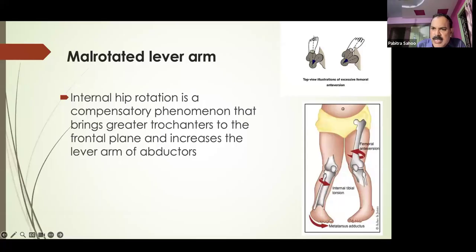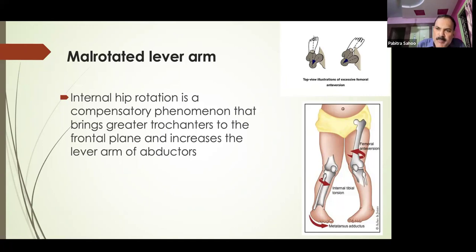To bring the head back to the acetabulum, the limb has to be internally rotated. The femur will be internally rotated to maintain the center of gravity, to maintain the limb progression. Gradually the leg will be externally rotated. When it is externally rotated, the foot will be externally rotated, and there will be valgus.